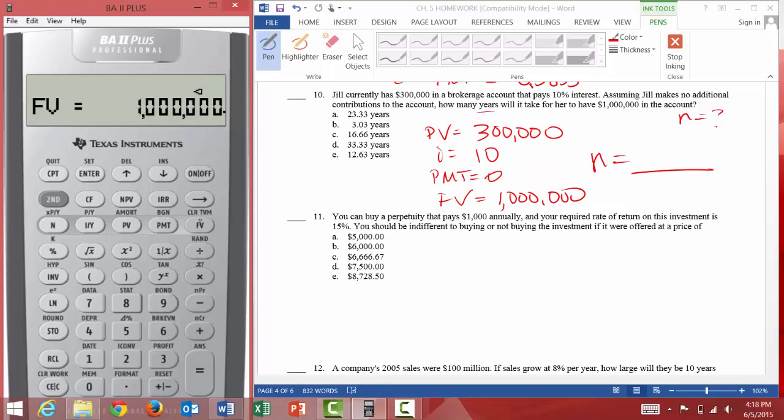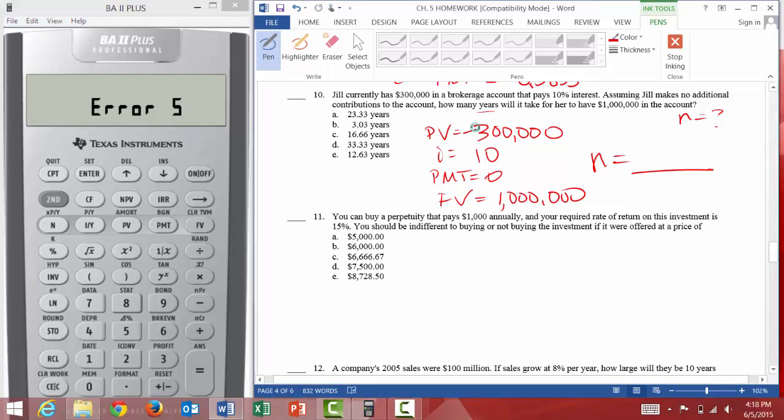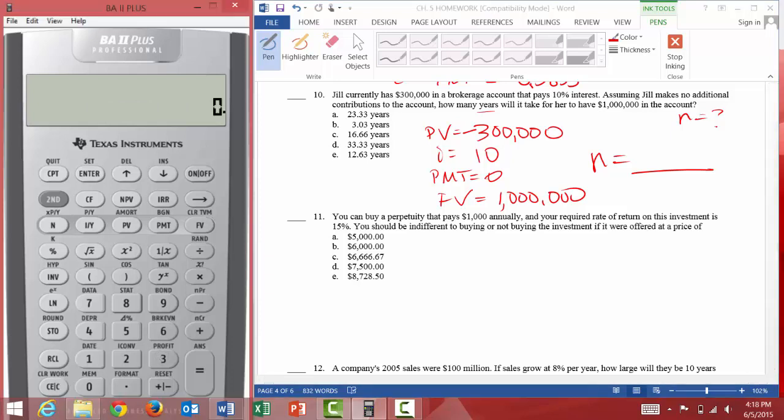Let me show you what will happen if I hit compute N. I'll get an error message, and that's because I did not put one of these values as a negative. So I need to put $300,000 as a negative. I can easily go back and put that as a negative in the present value because the calculator can't compute it that way.